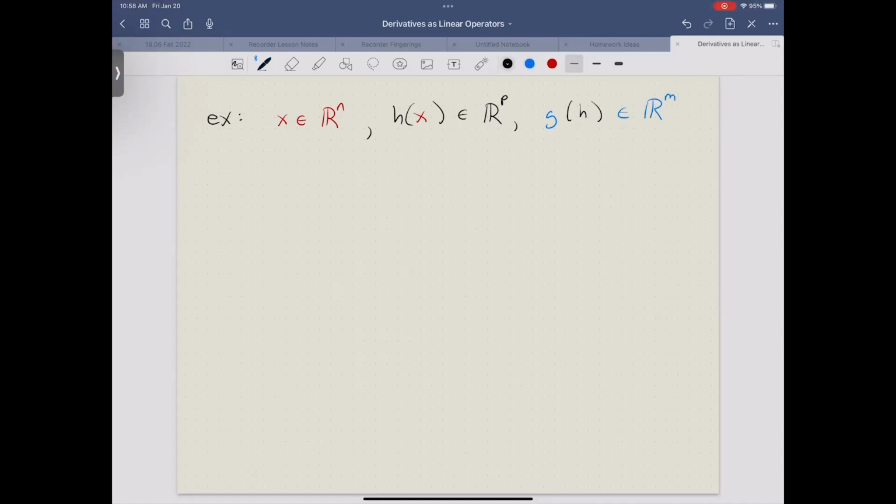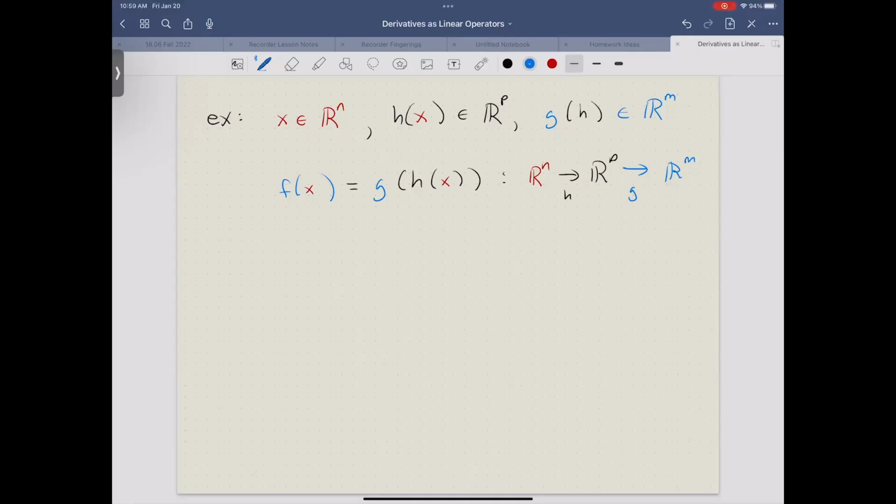So if we do f of x, which is g of h of x, what it does is it sends things in R^n through to R^p via h, and then sends them via g to R^m. So it sends vectors to vectors to vectors, maybe all the same size, maybe not.